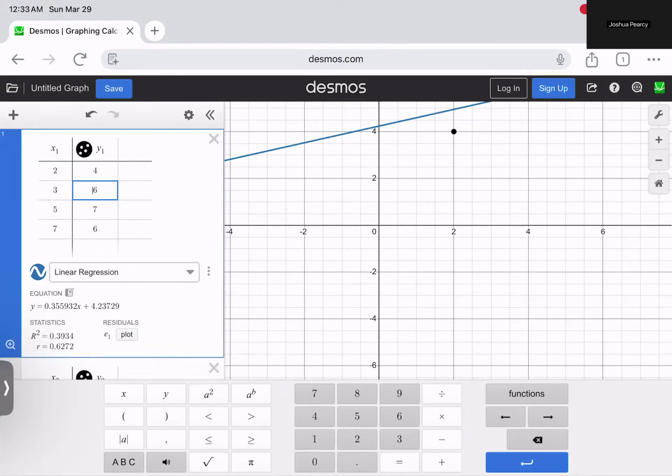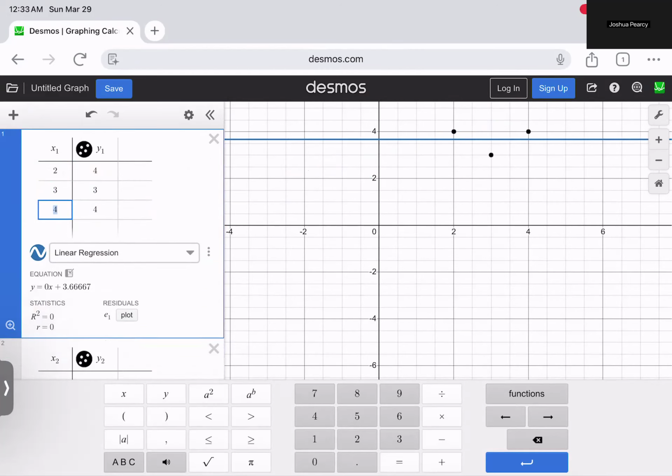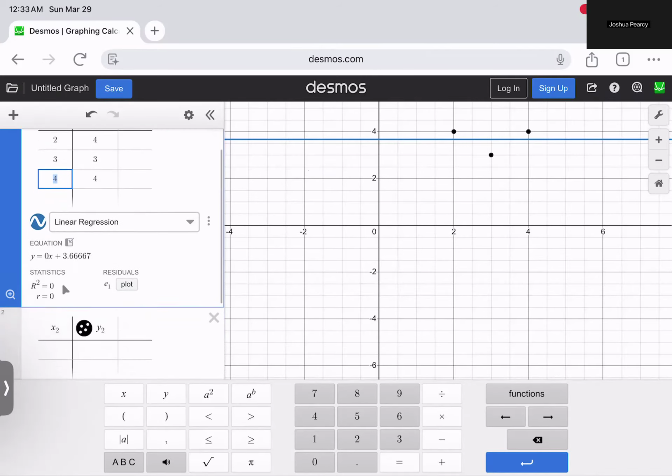And then the second one is going to be 3, 3. The last one will be 4, 4. So here, this first thing corresponds to the data set D. So we have 2, 4, 3, 3, and 4, 4. So here, notice that R is actually equal to 0 for this data set.